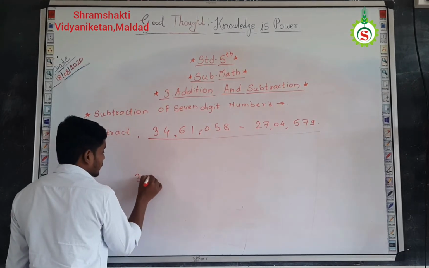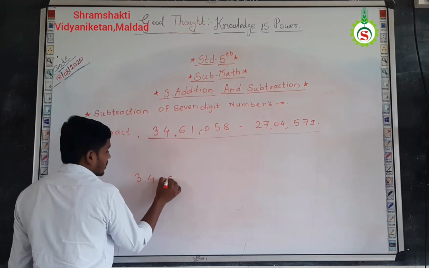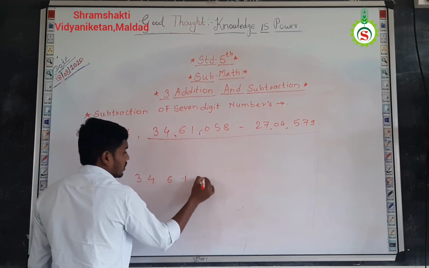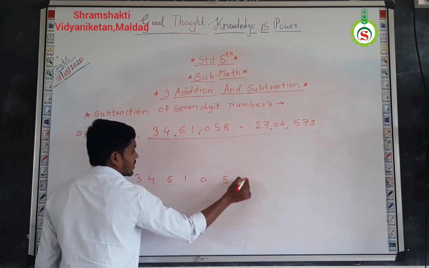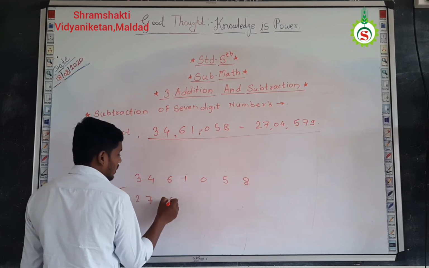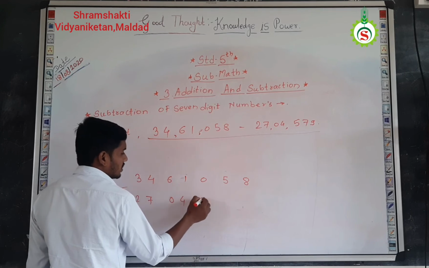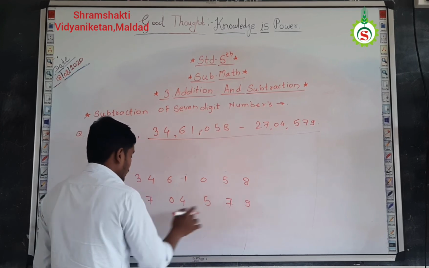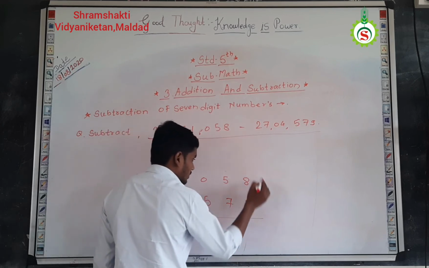So which is the larger number? 34,61,050. Then minus 27,04,570. Now I have written both the numbers.